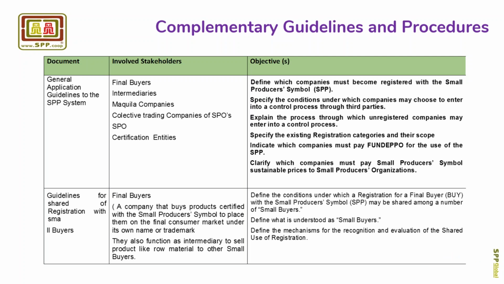But then you have to check this document to see the details and other guidelines for the different kinds of companies, because it could be that a small company, small buyer, have a cafeteria, for example.